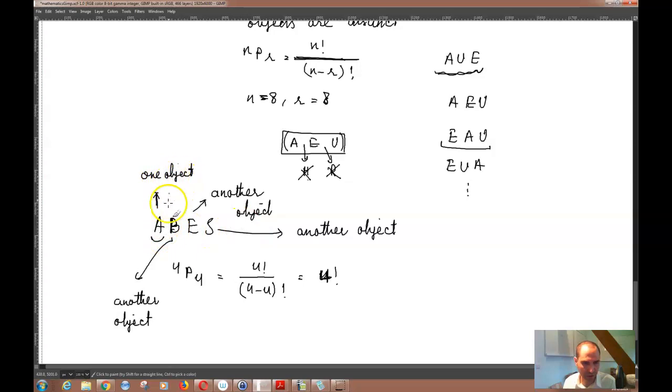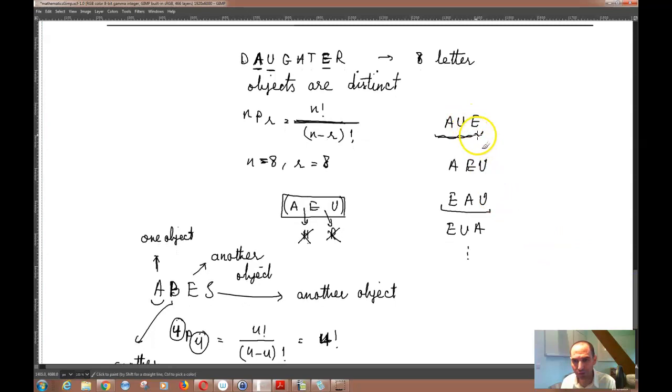So these are taken as 4 different objects, and for the exact same reason, I have written a 4 over here. And then, since I want to basically, out of these 4 objects, make, again, 4-letter words, then I use another 4 over here, and that becomes 4 permutation 4, right? And so, if I want to calculate the number of permutations of these letters sticking together in the word daughter, what I can do is that I can basically put A, U, and E together, group them together, and then treat that as just one object, just one simple object.